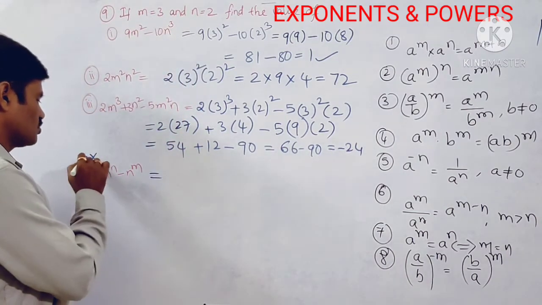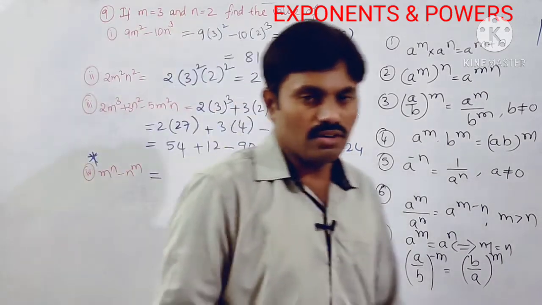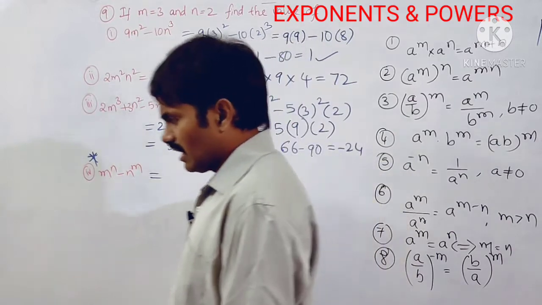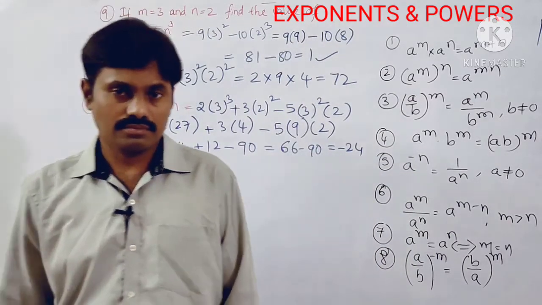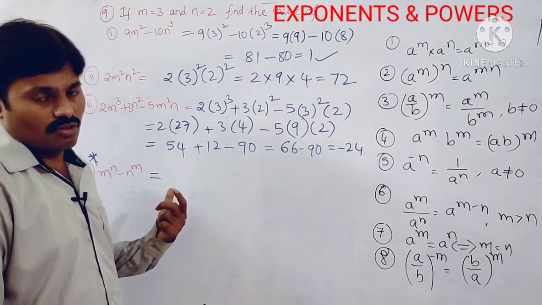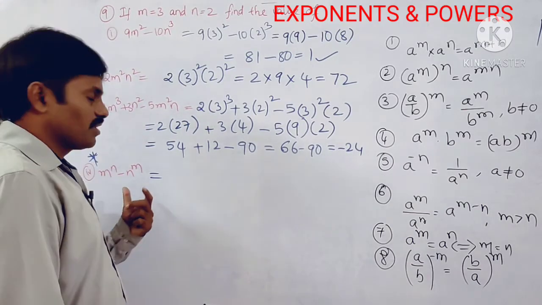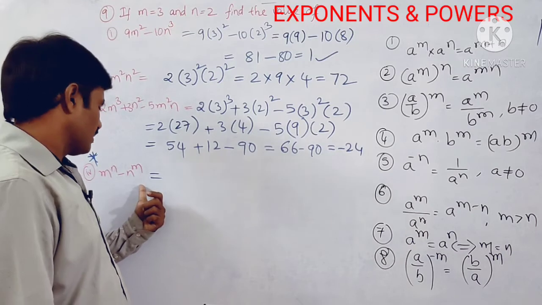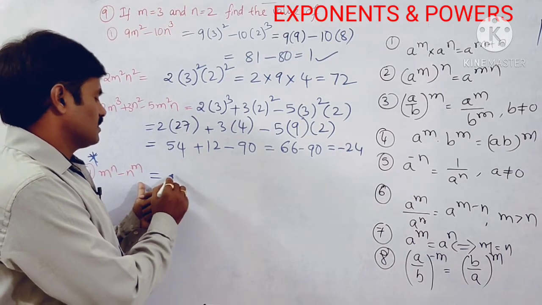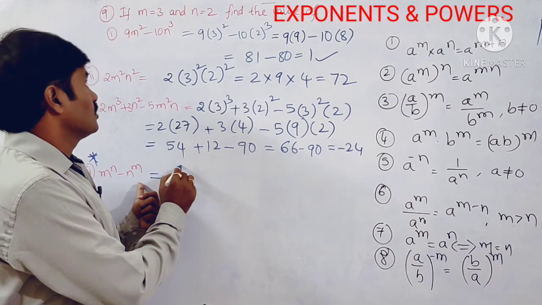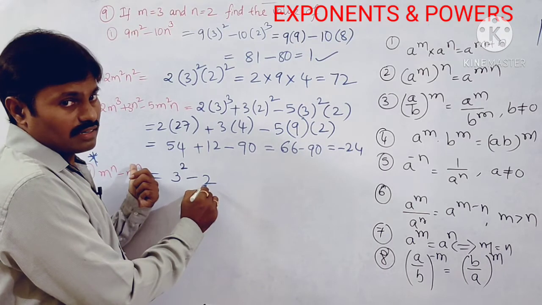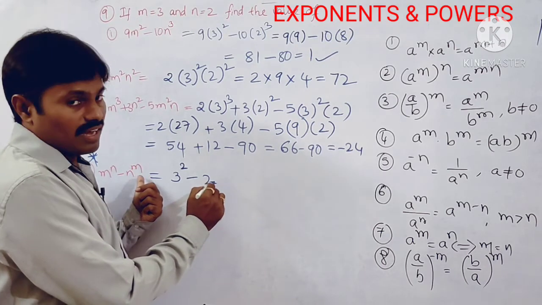Now, this is the most important one. M to the power of n minus n to the power of m. Here m and n values are given. In competitive exams also this type of question appears many times in the question papers. So m power n, what is the value of m? 3 power n value 2, minus n value 2 power m value 3.